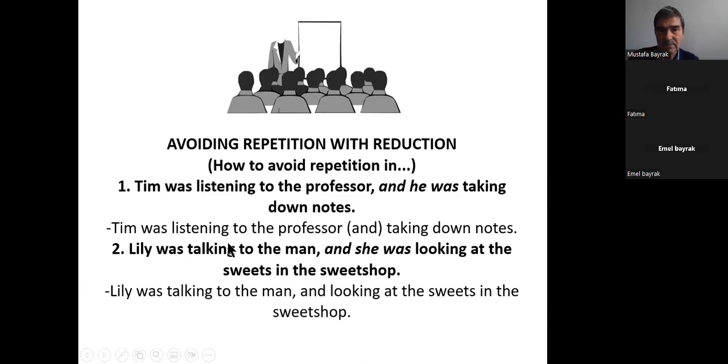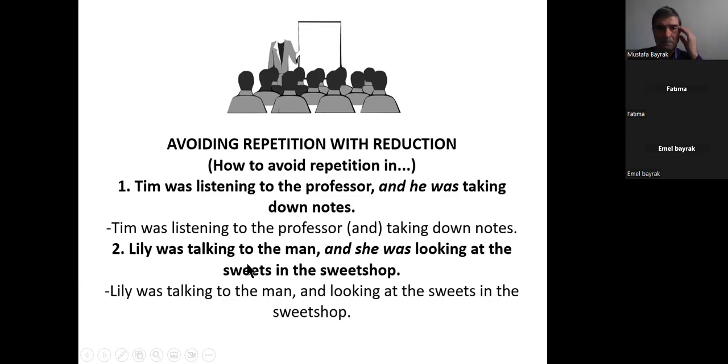Tim was listening to the professor and taking down notes. Or just, Tim was listening to the professor, taking down notes. We can omit even "and" here. This is the better form. This is good English.